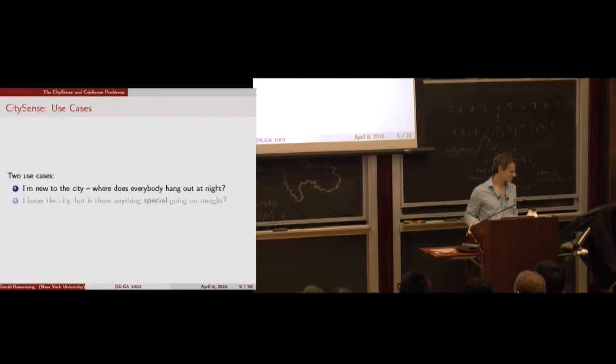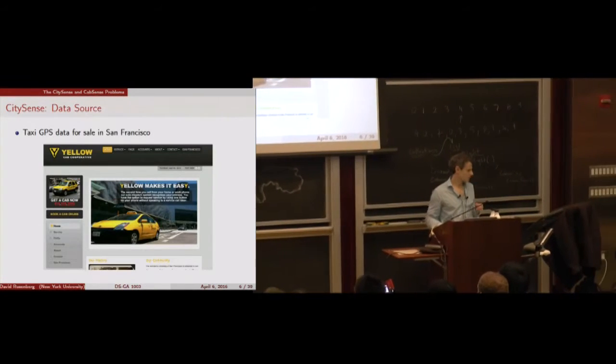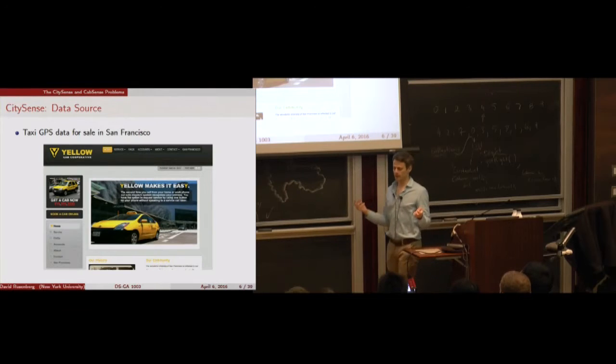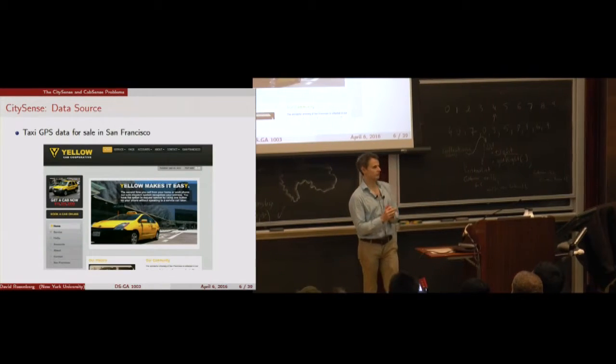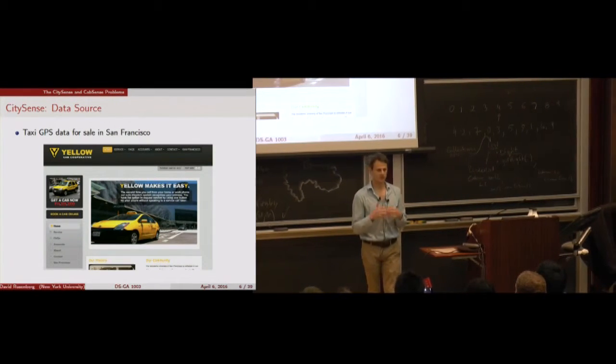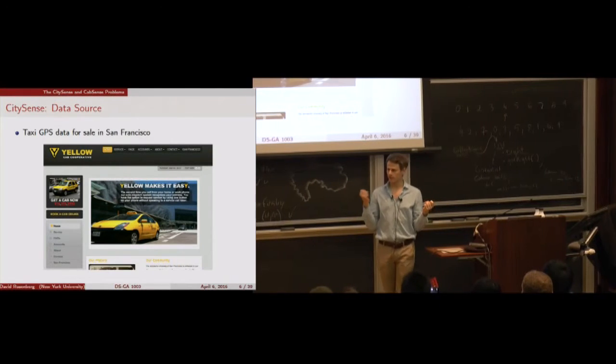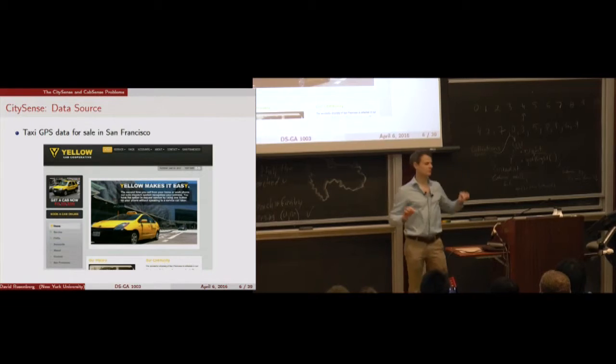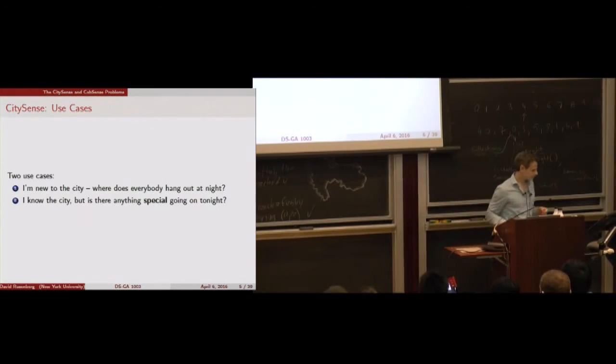All right. OK. So our data set was taxi cabs. We found a taxi cab company that was willing to lease us or sell us their data. They had GPS tracking in every taxi cab, so you could watch the taxi cabs moving around the city in real time.